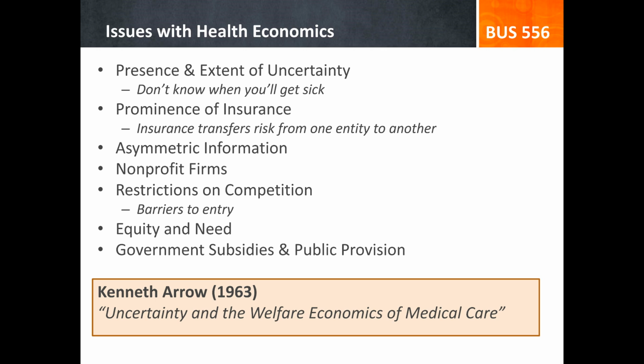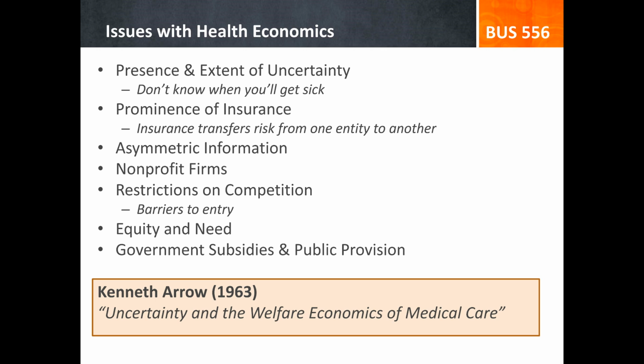Asymmetric information. So we talked about this. In the healthcare economy, the doctor knows way more than the patient. So the doctor can say, this is what you need to do. This is the procedure you need to take. This is the medicine you need to take. Outside of Googling it or going to WebMD, the healthcare consumer doesn't know better, right?